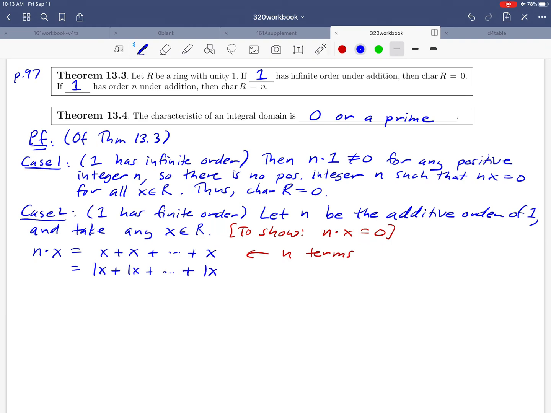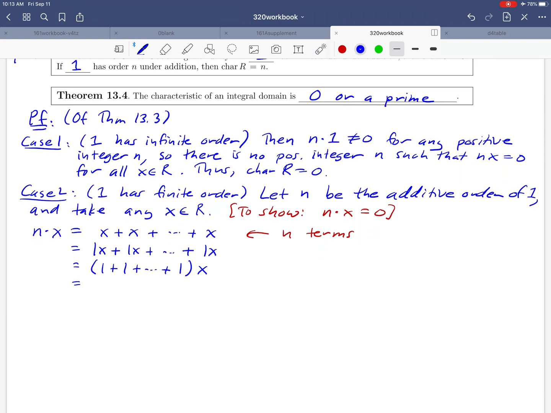That's certainly equivalent to what we have above because 1 times x is still x. Then we're going to use the distributive property to rewrite that as 1 plus 1, n copies of 1 added together, times x. And notice by definition, taking n copies of 1 and adding them up, we can also write that as just n times 1, times x.